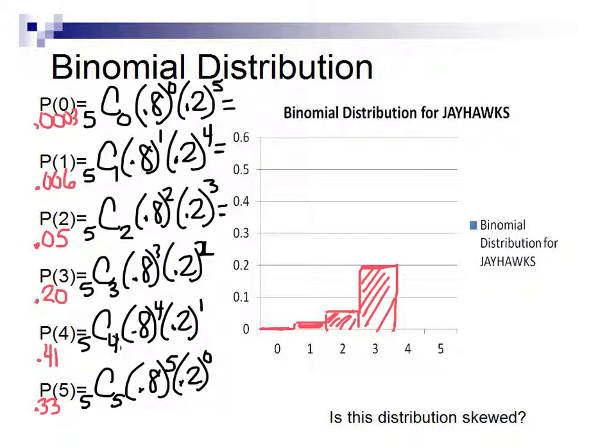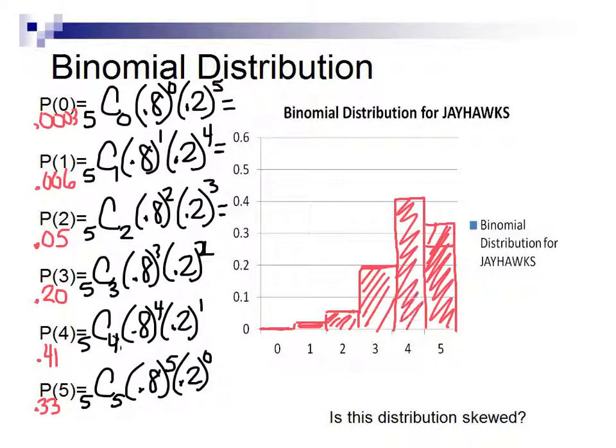All right, and then the probability that 4 people said it goes clear up to 0.41. And then you're back down, the probability of 5 is 0.33. Oops, that's not right. Let's come up, 0.33 is about right here. Okay, so there's my distribution.